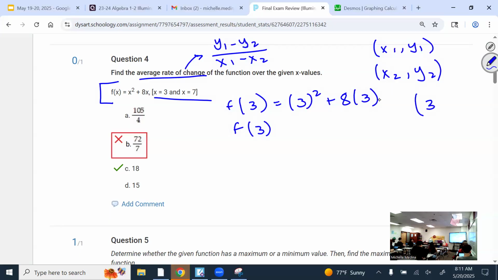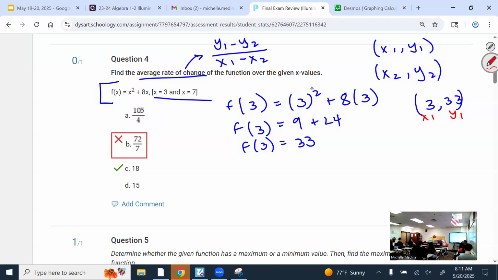So my x was 3, my y I'm going to figure out right now, and please use a calculator for that. I don't want to have to switch back and forth, so I'll just do it by hand. 3 squared is 9. 8 times 3 is 24. 24 plus 9 is 33.